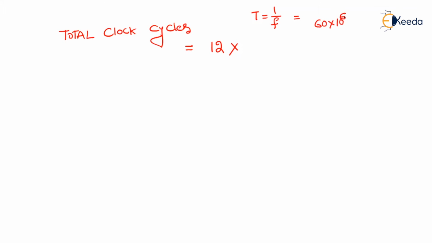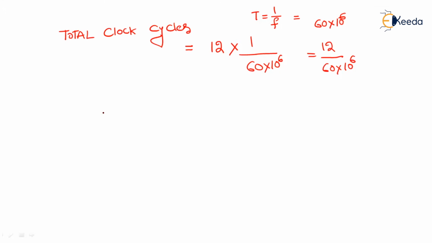So 12 into 1 by 60 into 10 power 6. Total clock cycles is equal to 12. Cycle time is equal to 12 divided by 60 into 10 power 6. This is the cycle time.